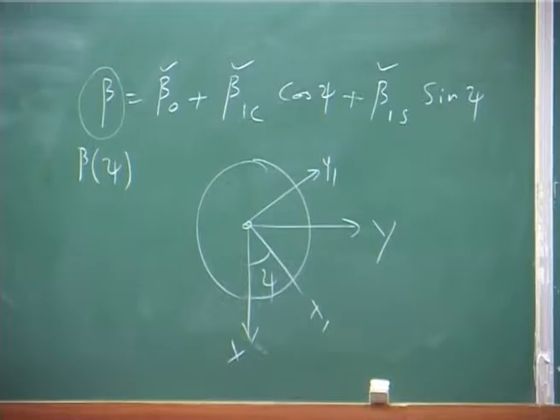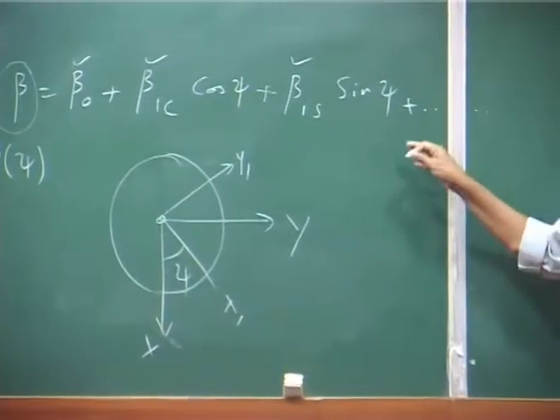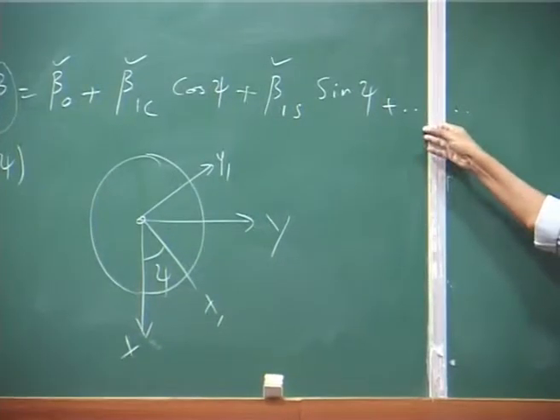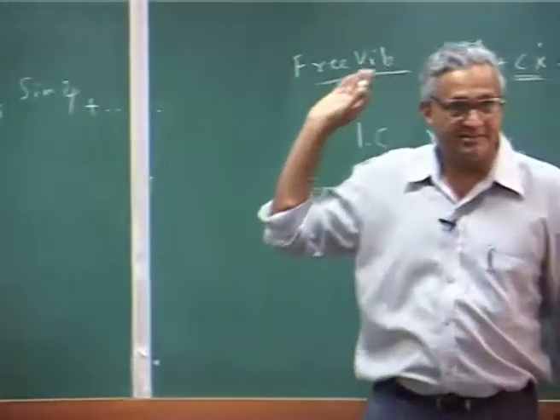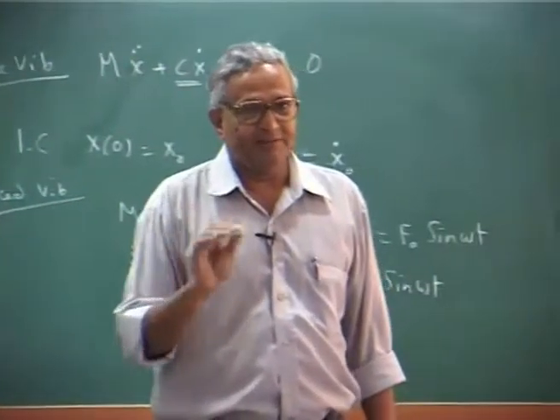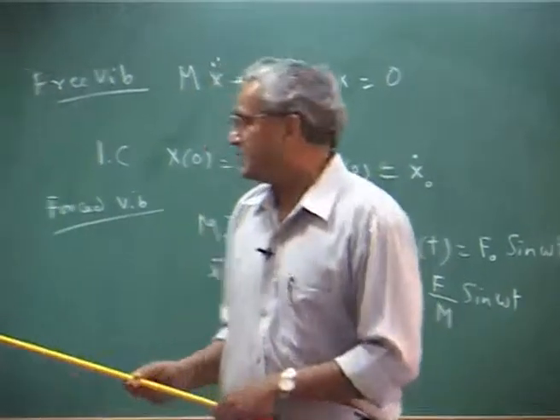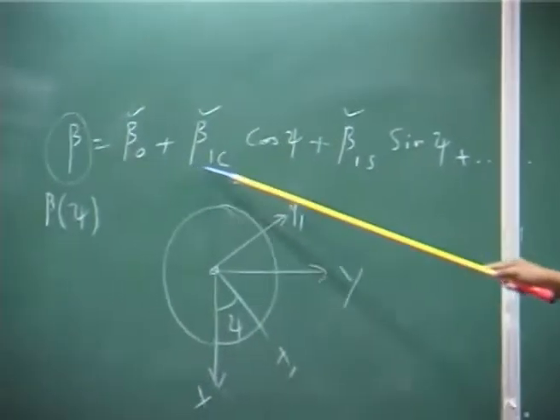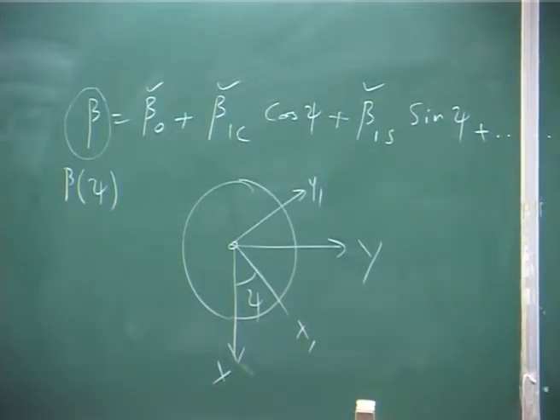I am not adding the other terms, I have actually neglected them. You can have sin 2 psi, cos 2 psi, cos 3 psi, everything, you can keep on writing that, but I am neglecting those. Now, if I want to get these coefficients, see, this is like a solution of the problem.